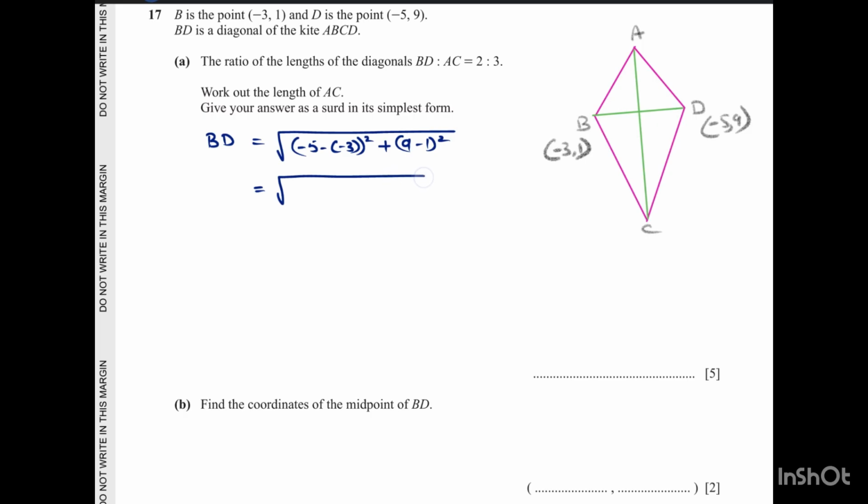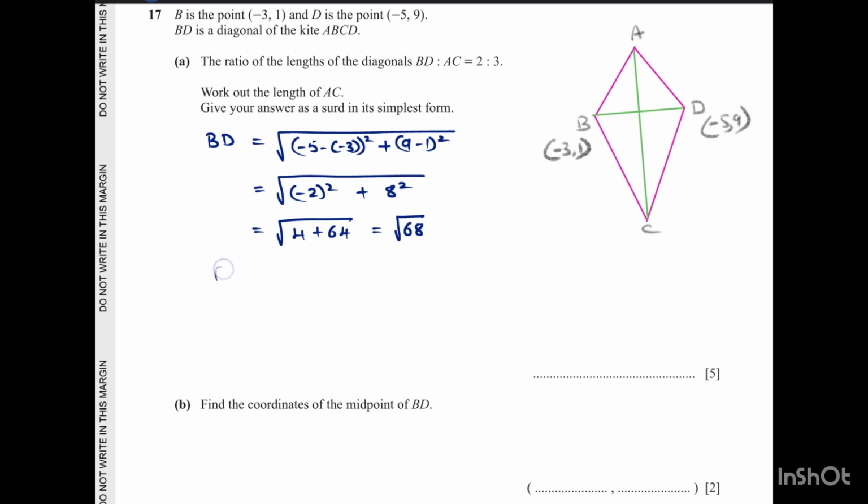Then square root of (-5 plus 3), so (-2) whole square, plus 9 minus 1 is 8, 8 square. So it is square root of 4 plus 64, that is square root of 68. This is the distance of BD.